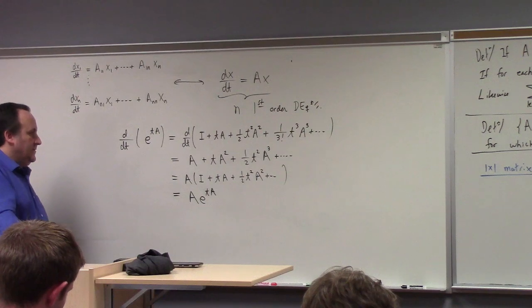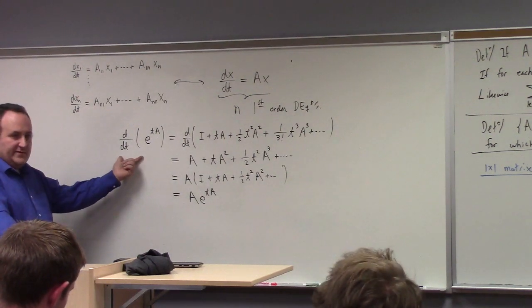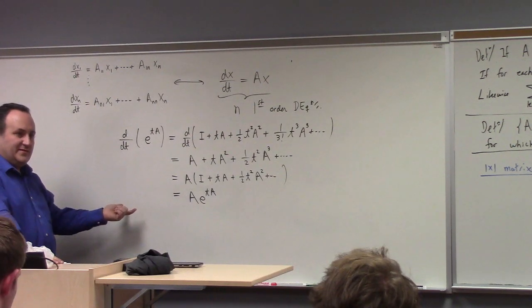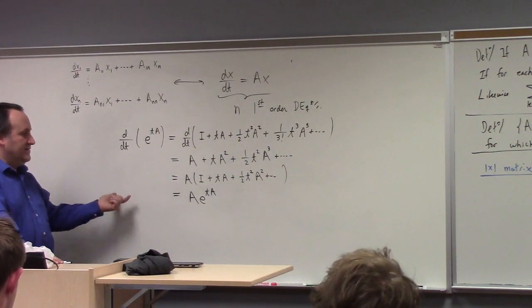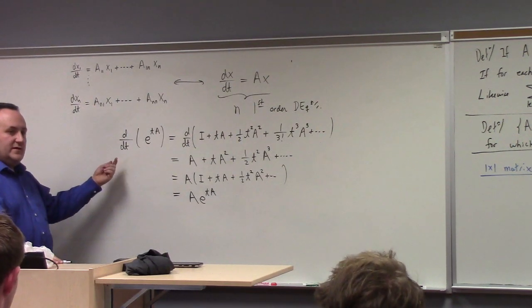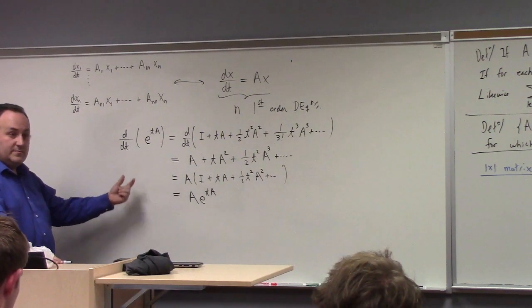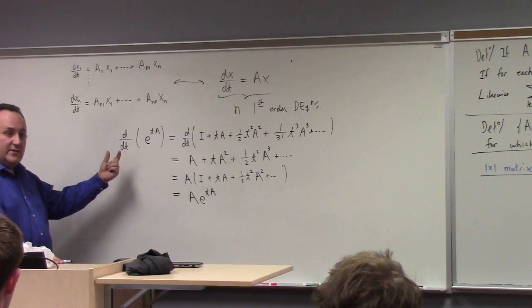It's cool. So the derivative of the matrix exponential is a times the matrix exponential. What that also means is this is a matrix equation, but you can read it column by column.